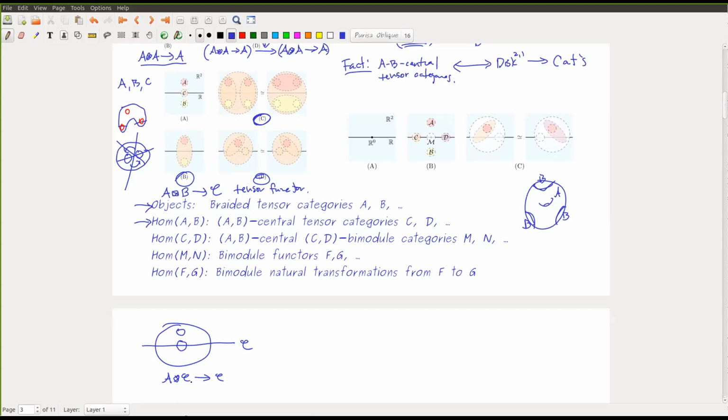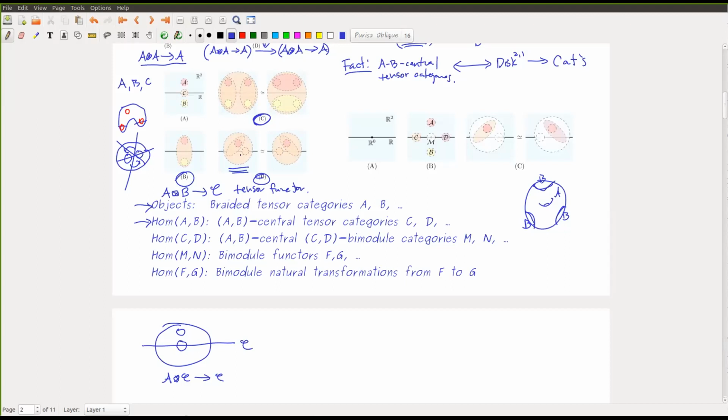But now I can factor that in 2 ways. I could first factor it like so. I could take A, map it to C, and then map that C tensor C disk into C. Or I could take A, map it to the right copy of C, and then multiply them that way.